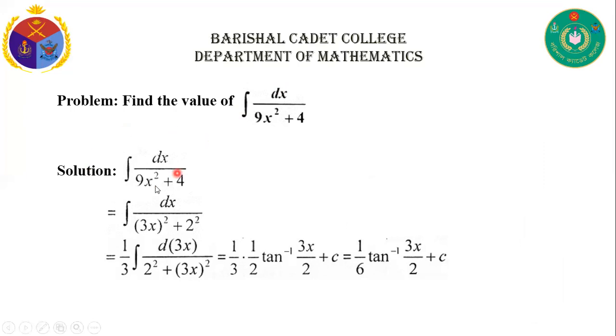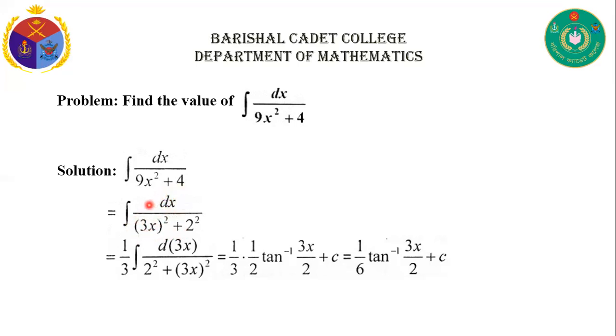So we are just going to write this as dx by 3x whole square plus 2 square. Here we choose 3x as z, so the differentiation gives dz as 3dx.